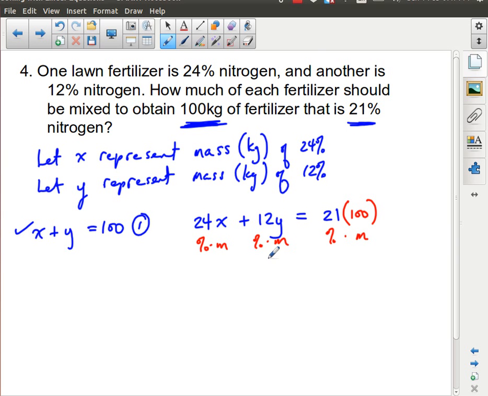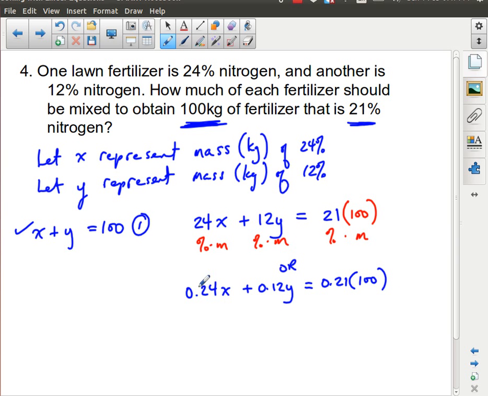Another way we could have written this equation, it's still legitimate, or you might get sticky about this and say, well, hold on, no, it's percentages. 24% is not the same as the number 24, and it's not. I'm just trying to make these equations easy to work with. But if you notice that, then good for you. The way you might have started this is 0.24 times X plus 0.12 times Y is equal to 0.21 times 100.